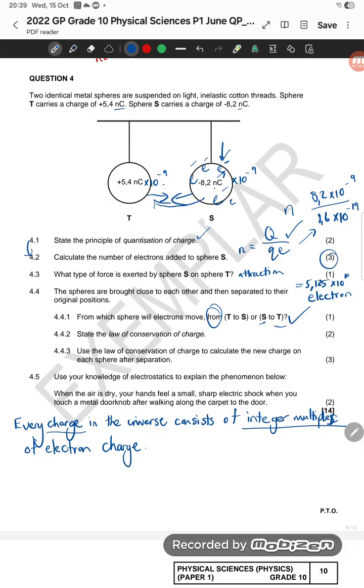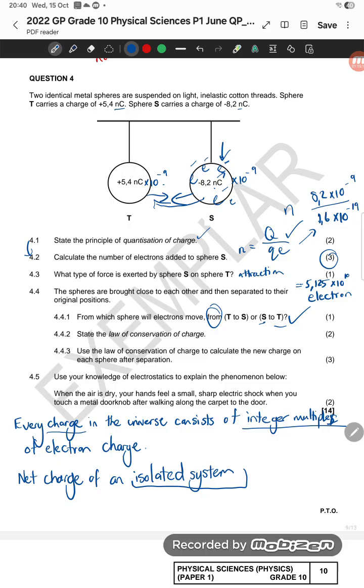This is very easy. State the law of conservation of charge. Okay, there's a lot of laws of conservation in physics. The net charge of an isolated system. Remember, if there are other things acting on it, then we're going to lose some charge.